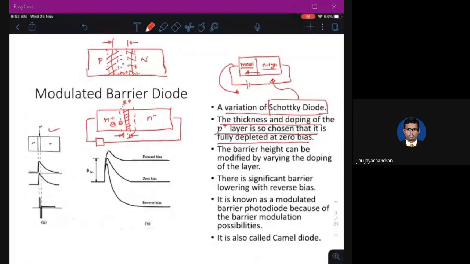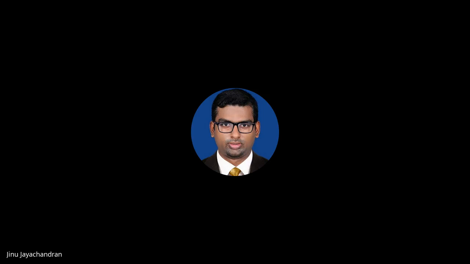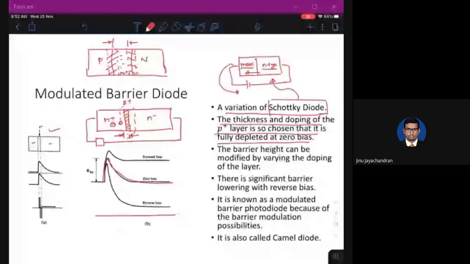So at zero bias, this is the barrier the charge carriers need to jump over to cross the depletion layer. If you apply a higher potential, the charge carriers will get enough energy to cross the barrier. But if you apply a reverse bias potential, the barrier will lower itself. See, this is up to this and this is up to this.